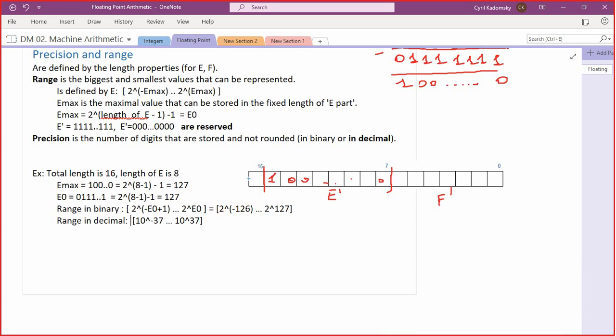We just used the logarithm of 10 base 2 to convert this number from exponent of 2 to the exponent of 10.